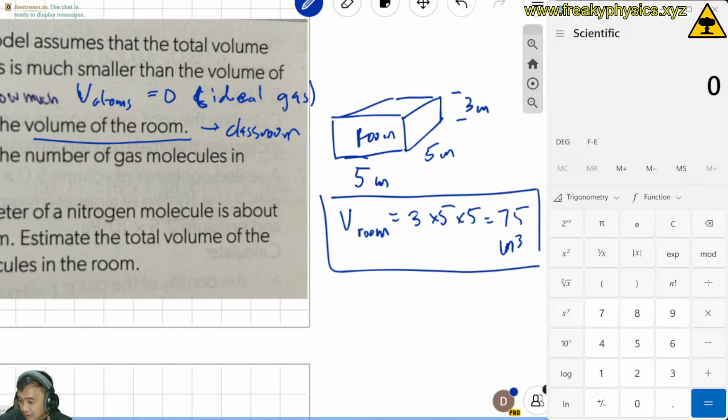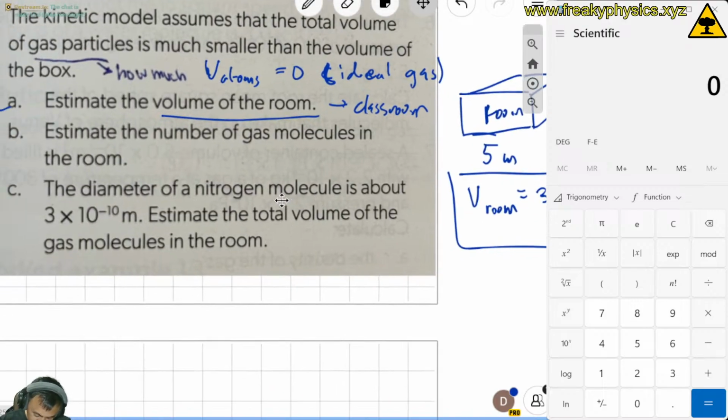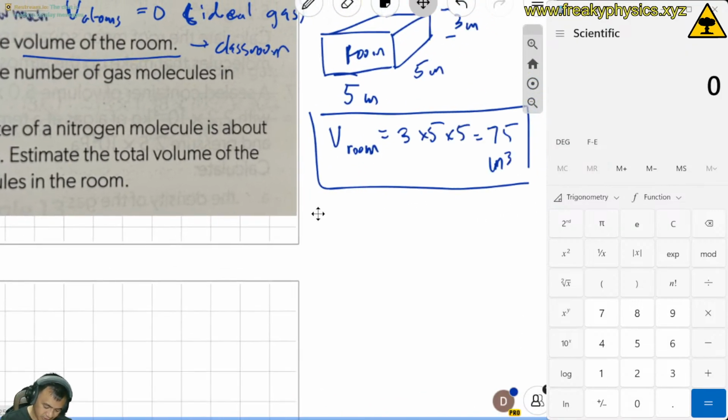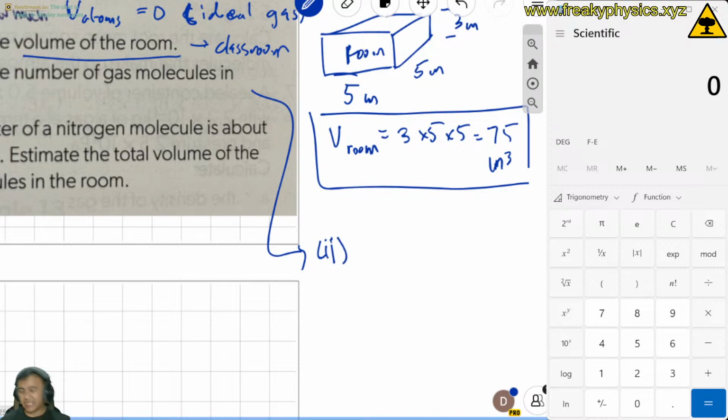Okay. The second part here is B. You're estimating the number of gas molecules in the room. You're going to have to use something in particular here. For part 2, you're going to use one of the gas laws. Which gas law would be the best?